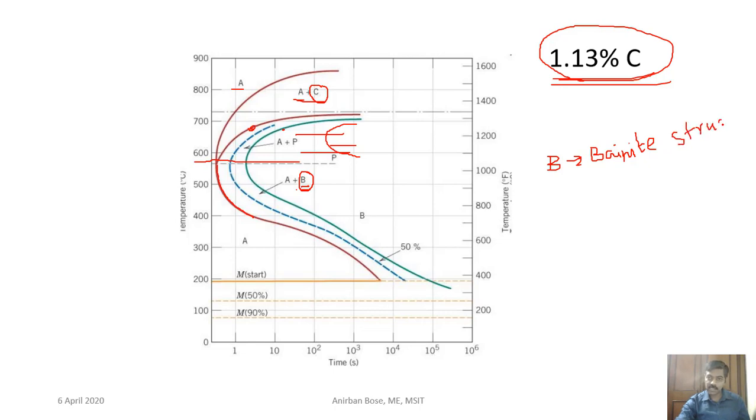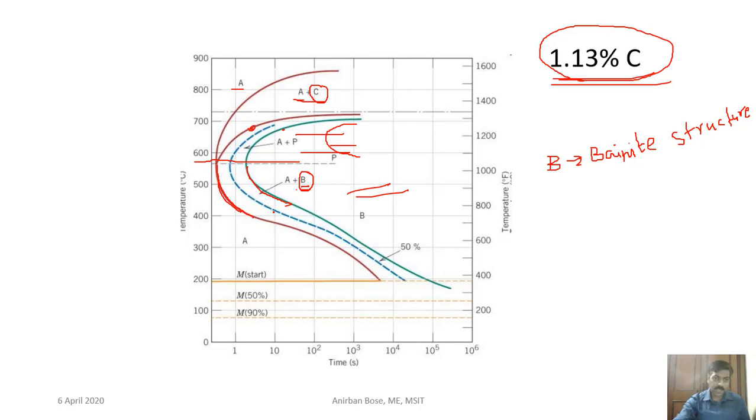We'll see the bainite structure later on, but right now you see this region is the bainite. Austenite will be transformed into bainite. So this is the austenite to bainite transformation start, and this is the austenite to bainite transformation finish, and in between it is austenite and bainite.